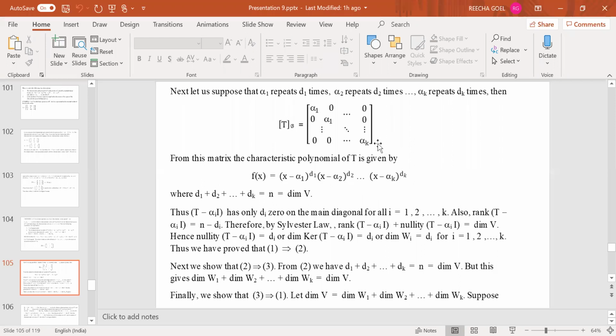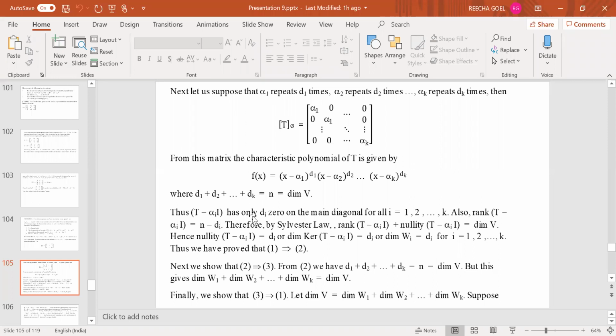And because it is an n by n matrix, the sum d1 plus d2 plus ... plus dk is going to be nothing but n, that is the dimension of V. Thus, T minus alpha i I has only di zeros on the main diagonal. If I just consider T minus alpha i I, the alpha i terms will cancel out.